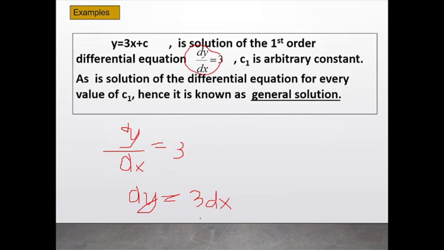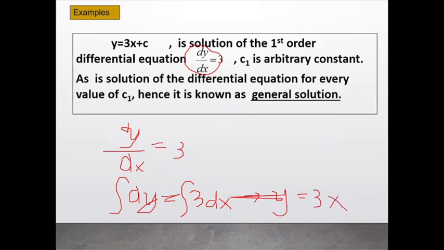Again, solution of differential equations requires us to integrate. Integrating both sides, the integral of dy is equal to the integral of 3 dx. The integral of dy is y, so y is equal to the integral of 3 dx, which is 3x.